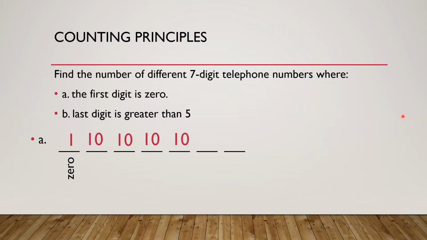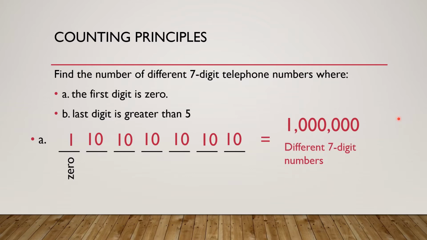For the fifth, 10 choices. For the sixth digit, 10 choices. And for the last digit, the seventh digit, we also have 10 choices. If we multiply everything here, this will give us 1 million. So there are 1 million different 7-digit numbers that can be formed if the first digit is 0.